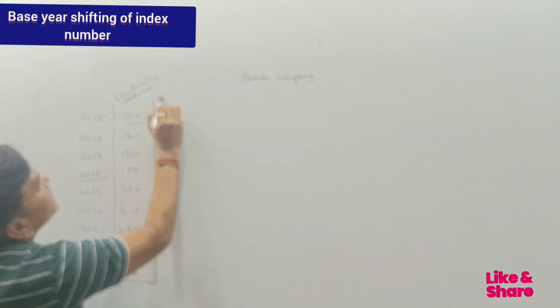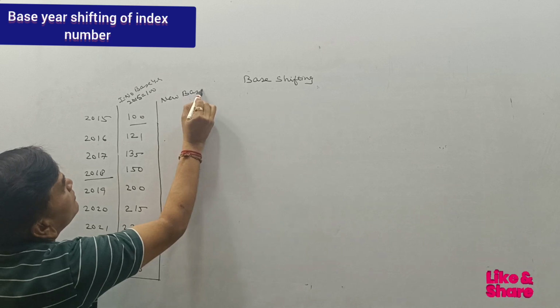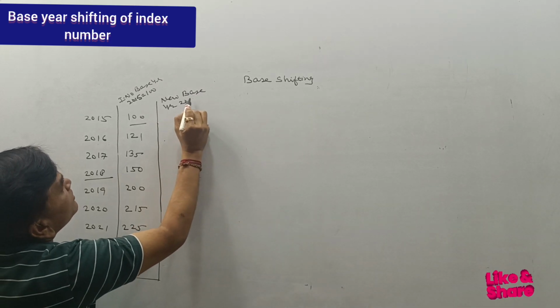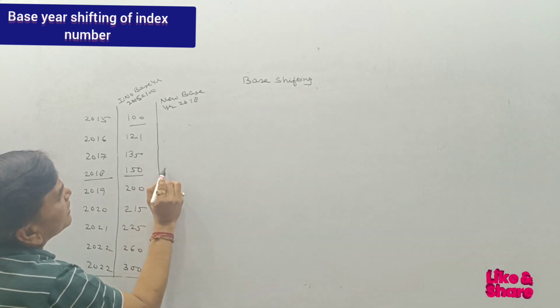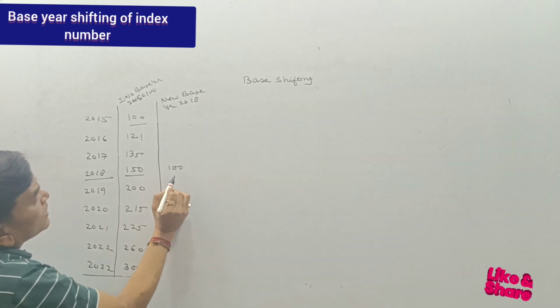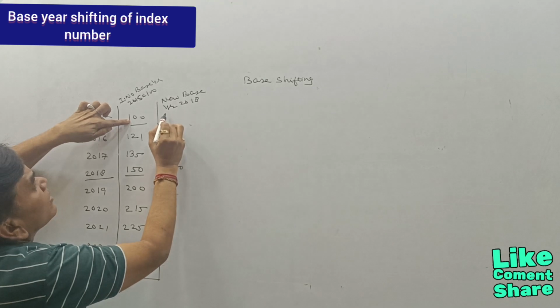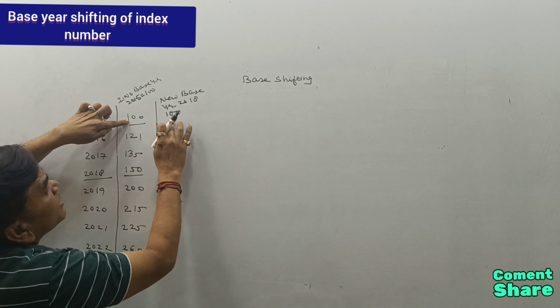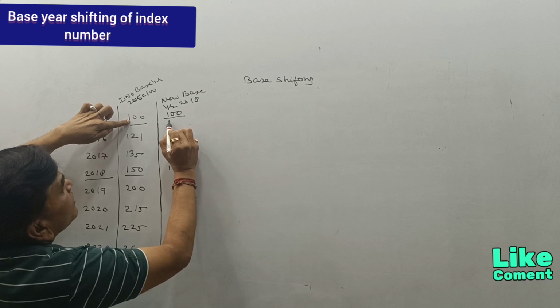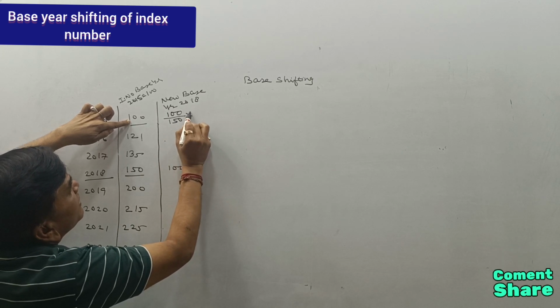So 2018 will be treated as 100. What will we do? The old index number of the current year divided by the old index number of the new base year, multiplied by 100.